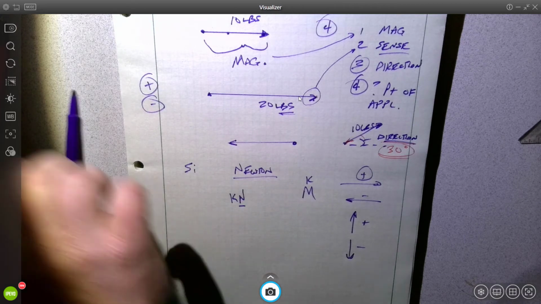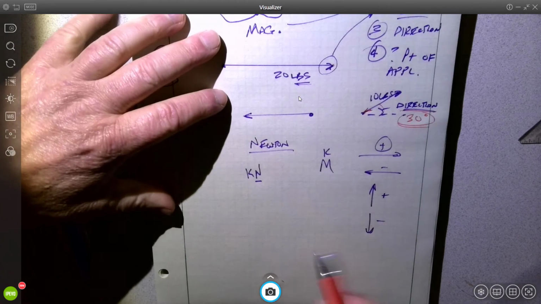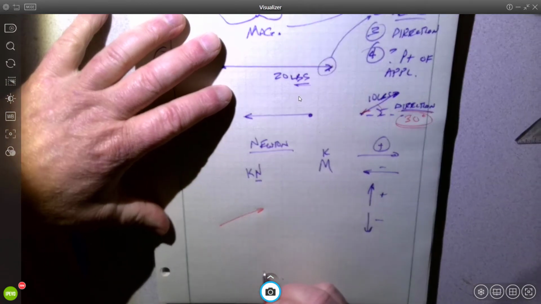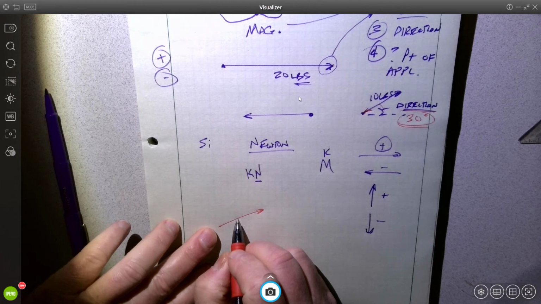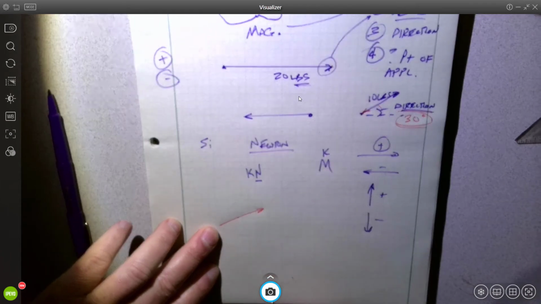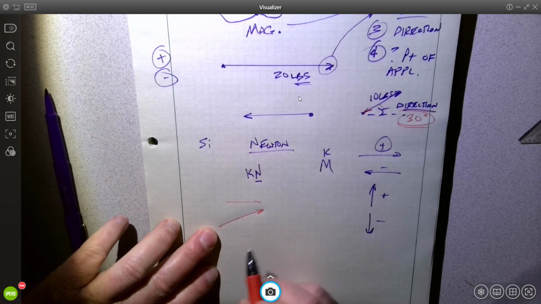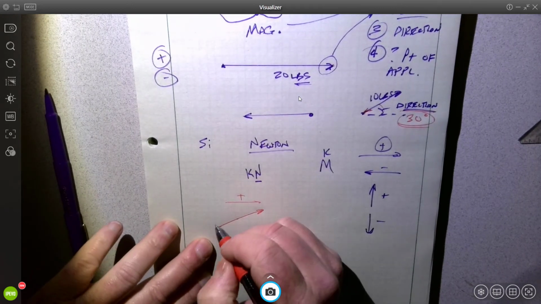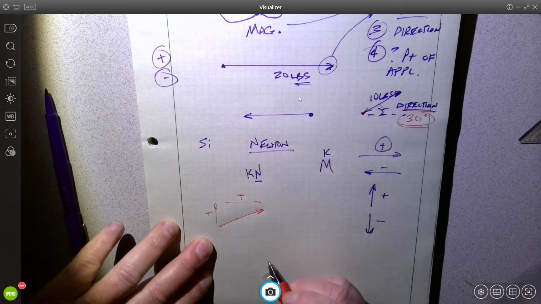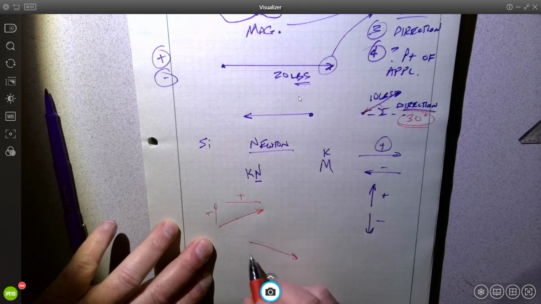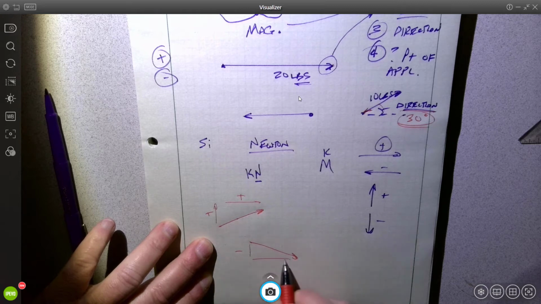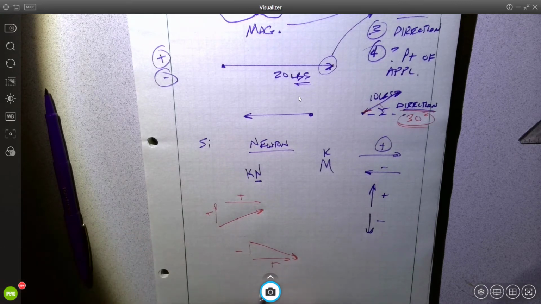If a force is off at an angle, right, then it doesn't have one sign. It could have two signs, right? Its X effect could be positive and its Y effect could be positive. Or if it went down here, then its Y effect would be negative and its plus X effect, right?